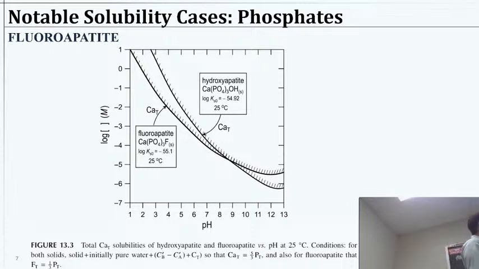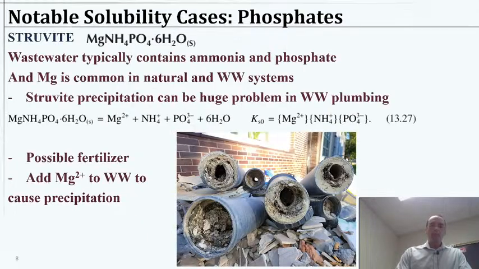So if you have some F- in your system, that could also yield some fluoroapatites. Might dominate a little bit at high pHs comparatively. Just another important mineral in natural systems. Okay, the last one that I want to talk about for phosphates would be struvite.